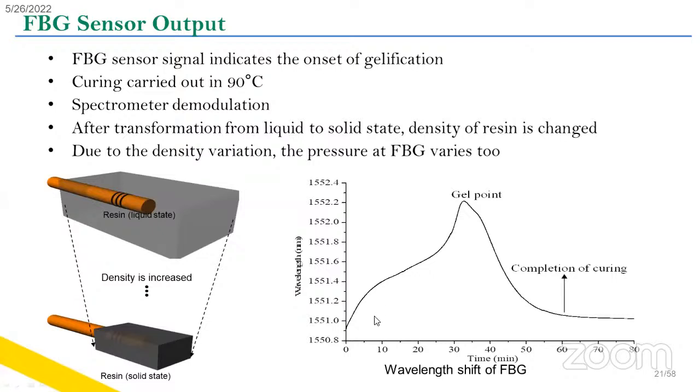When the curing process progresses and the temperature increases, the wavelength increases. After the gel point, the density increases, so the resin undergoes some pressure and strain, so the wavelength decreases again, and it becomes a constant parameter. By analyzing these results, we can monitor the curing process of the composite material. All these results are during the manufacturing of the blade.